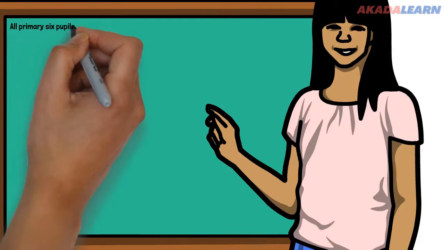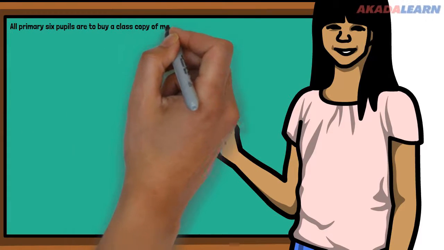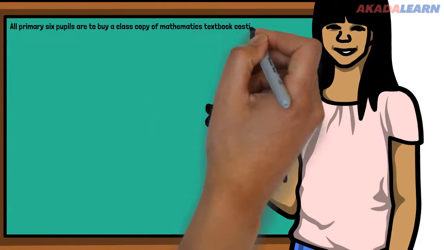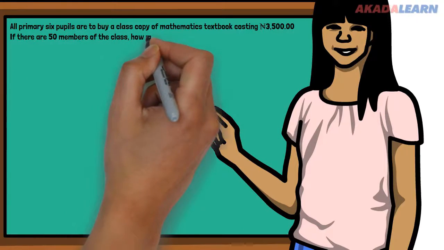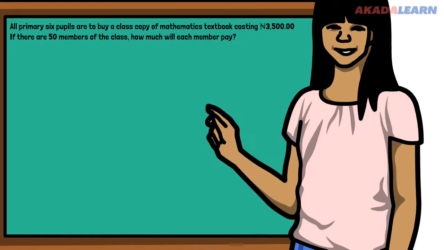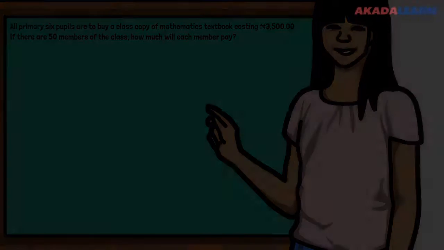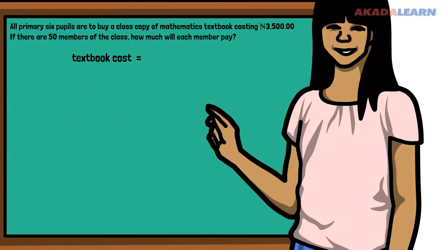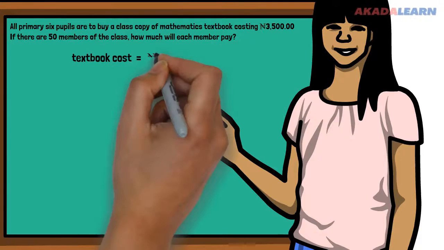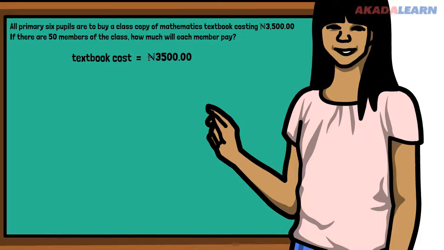Okay, let's try this question. All primary 6 pupils are to buy a class copy of mathematics textbook costing 3,500 naira. If there are 50 members of the class, how much will each member pay? So let's begin. Textbook cost is equal to 3,500 naira.